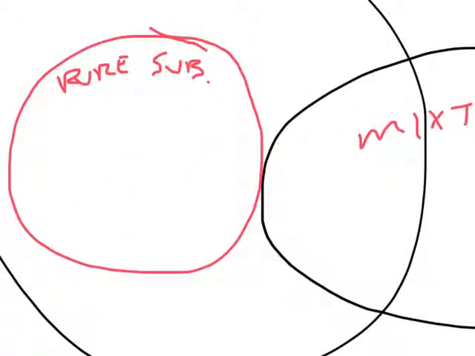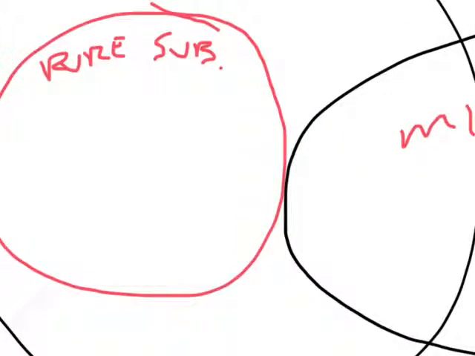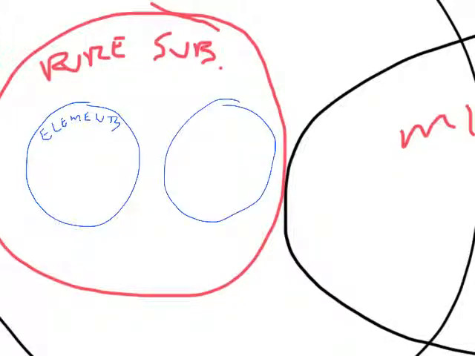I'm going to zoom in here and we're going to subdivide our pure substances a little bit more. The two kinds of pure substances that you saw on the previous slide are elements and compounds.